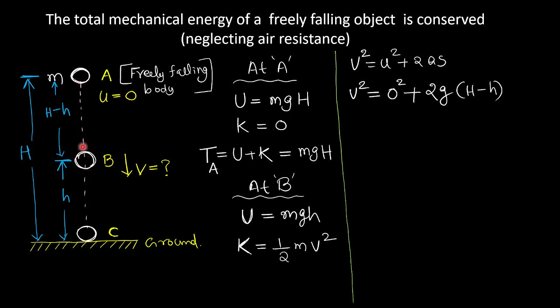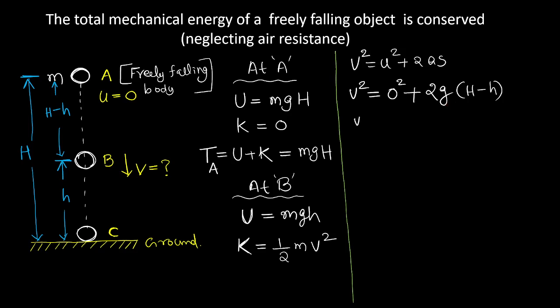So a freely falling body will have an acceleration equal to 9.8 meter per second square. That 9.8 meter per second square is denoted by g. Understood? Yes, sir.